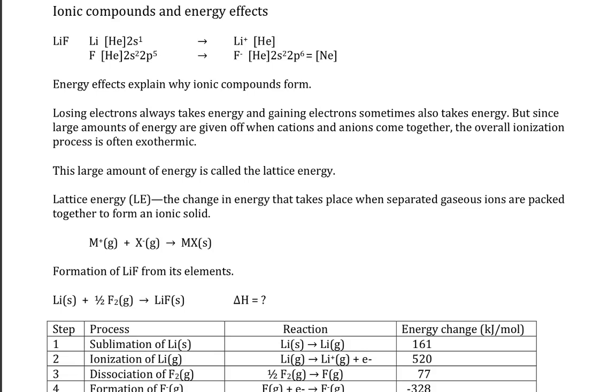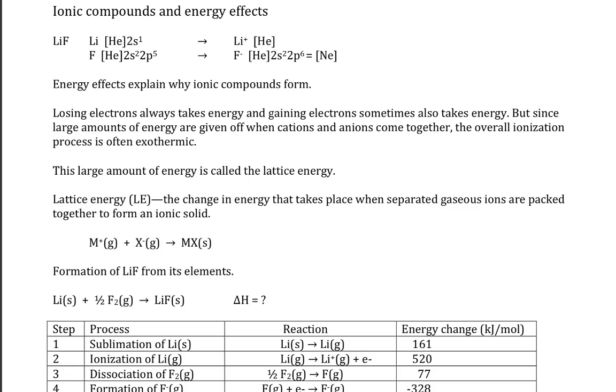Li+ is what forms, and what happens is that 2s electron is transferred to the fluorine. So Li+ has the electron configuration helium. That makes it stable. The F- has the electron configuration of neon. Again, that makes it stable. So energy effects explain why ionic compounds form, and that's what we'll look at next.